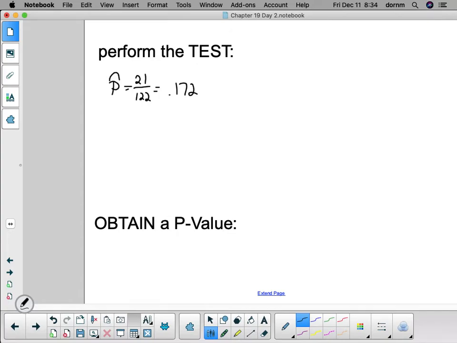Do we think we know what the actual proportion is? Yes, because we have an H naught that says P equals 0.2. So we're going to use standard deviation. Standard deviation equals the square root of PQ over N, the square root of 0.2 times 0.8 over 121, which is 0.0363.